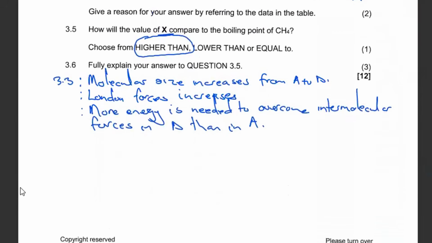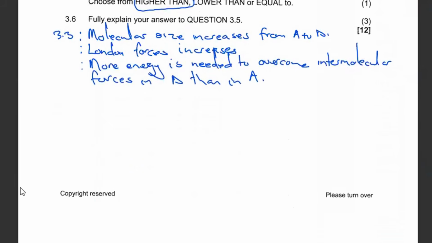Then now 3.6, we're supposed to explain the answer. It says fully explain your answer to question 3.5.